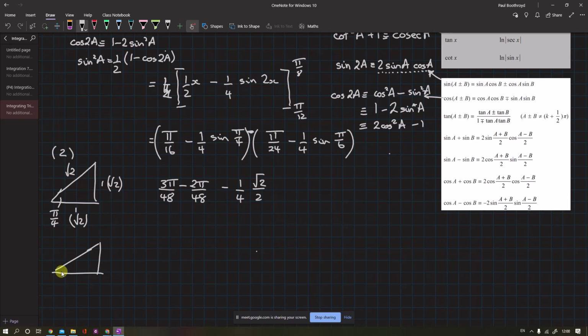Pi over 6 is going to be the 30 degrees, and that is 1, 2, and square root of 3. So we want to subtract the negative, which is plus, and so sine of pi over 6 is opposite over hypotenuse, 1/2.